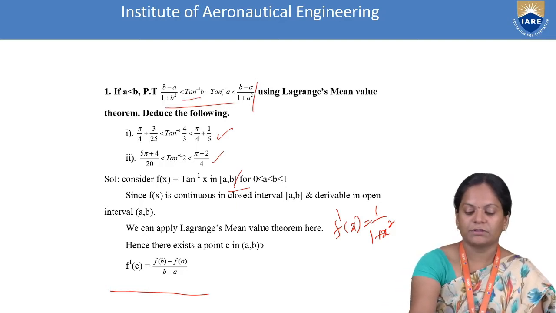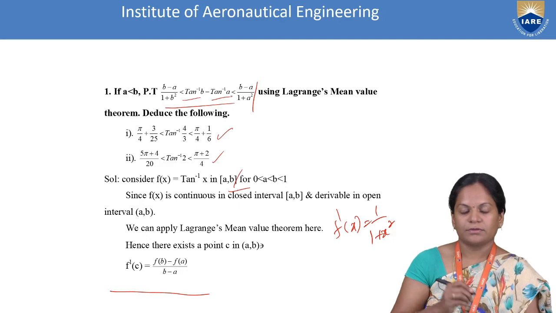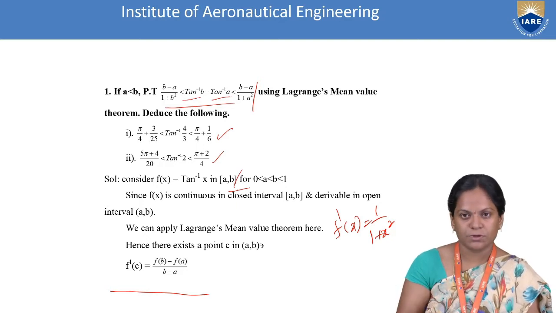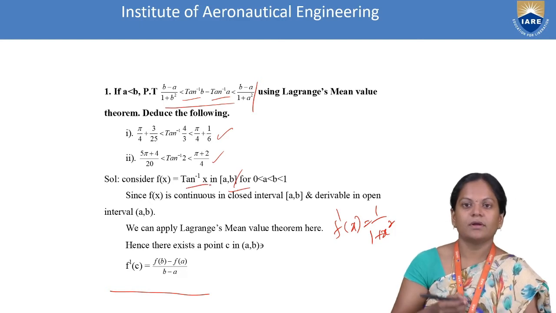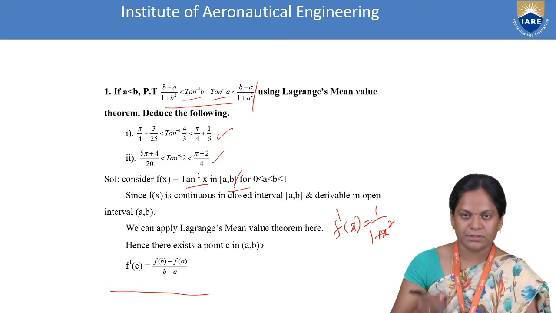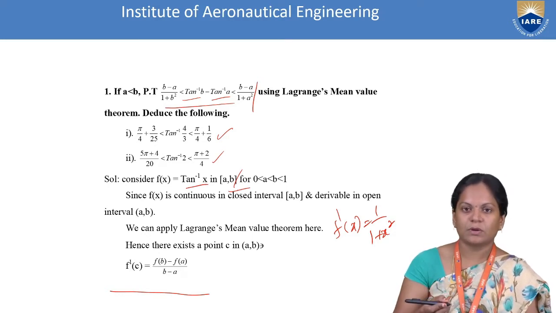Here we have tan inverse of b minus tan inverse of a, so definitely the function is in terms of tan inverse of x. That's why I consider f of x equal to tan inverse of x. Check whether the function is continuous and differentiable: continuous in the closed interval a comma b, differentiable in the open interval a comma b.